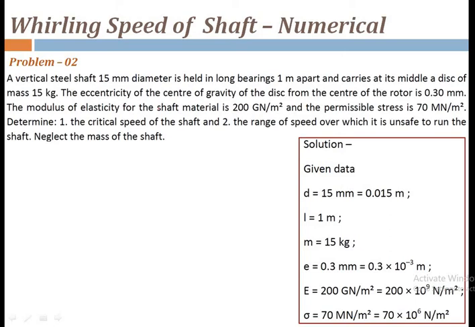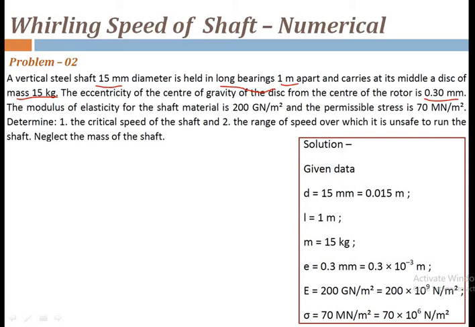Next problem, vertical steel shaft 15 mm diameter is held in long bearing. Long bearing means support is fixed support, 1 meter length, and carries at its middle a disc of mass 15 kg. So point load is 15 kg at the middle of the shaft, diameter 50 mm. The eccentricity of the center of gravity of the disc from the center of the rotor is 0.3 mm.